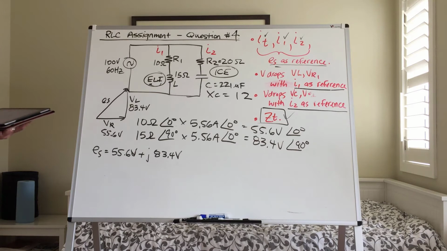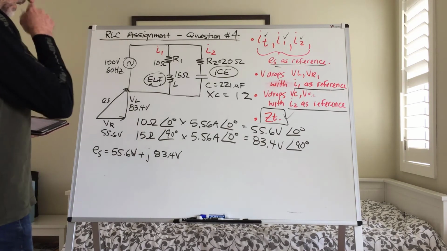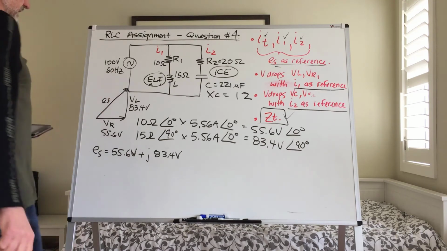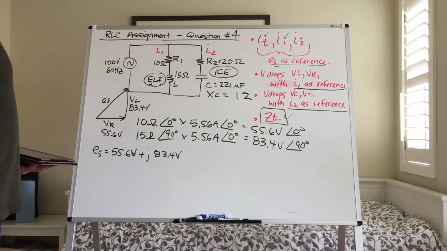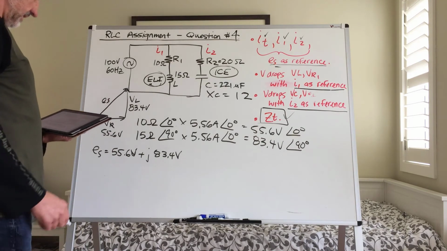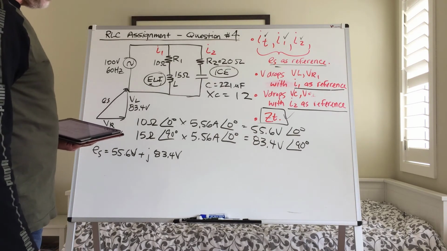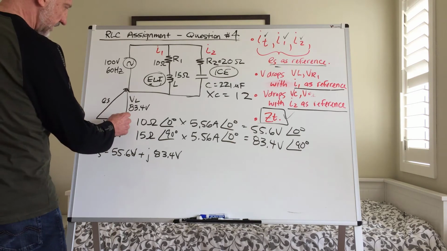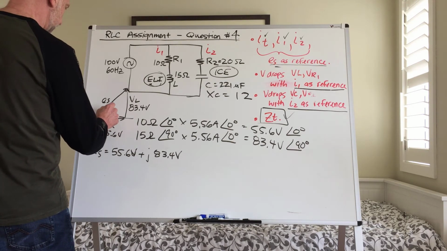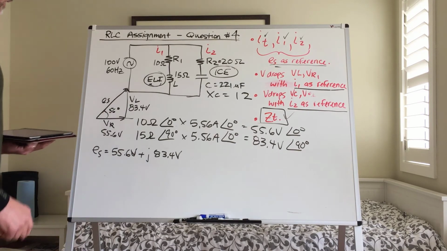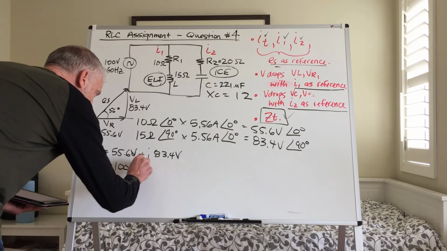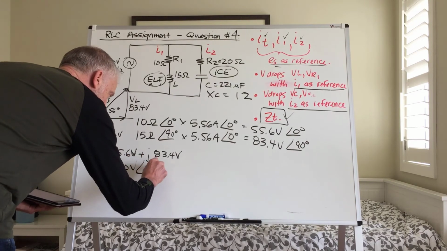And I guarantee if you were to put that in your calculator and do a polar conversion, you would end up with your ES value at an angle relative to that current, because we've got the current as the reference now. So this would be an angle of 56 degrees once you figure that out, right? So that would equal 100 volts at 56 degrees.